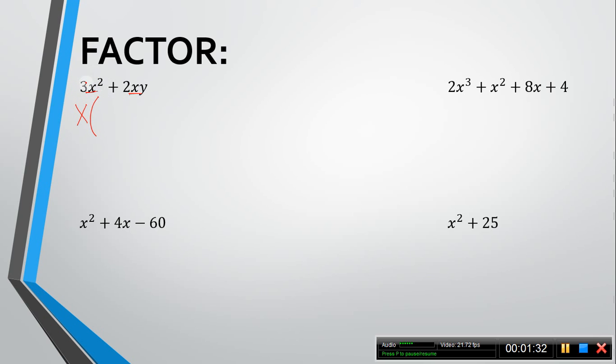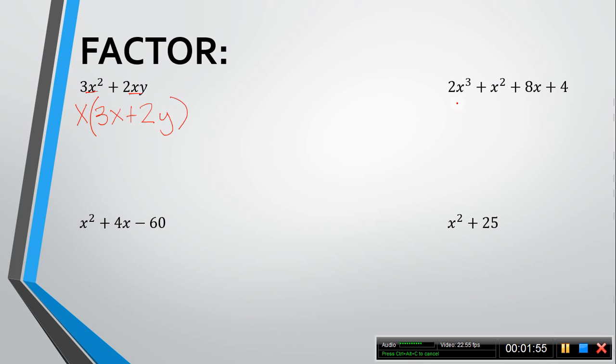So then I know that I'm just going to get a 3 since I didn't divide anything out. X squared divided by x leaves me with 1x. And I divided out the x, so I'm going to be left with 2y. That is done because it says just factor, not factor and solve.